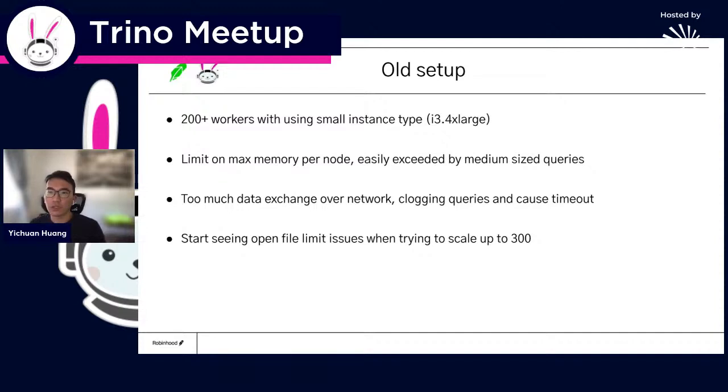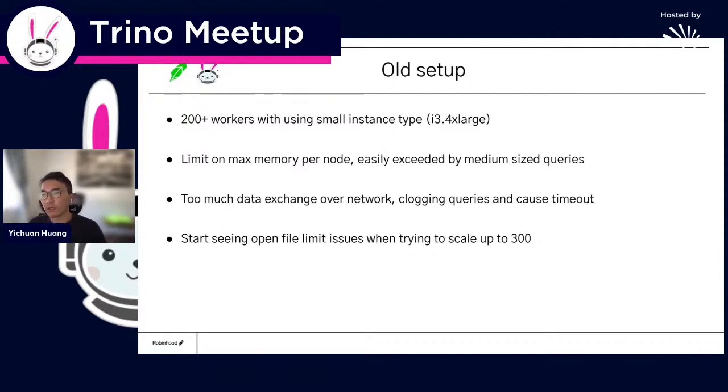With that, we saw some limitations and issues. First, we had to set a limit on the maximum memory per node, since that can easily be exceeded by some medium-sized queries.